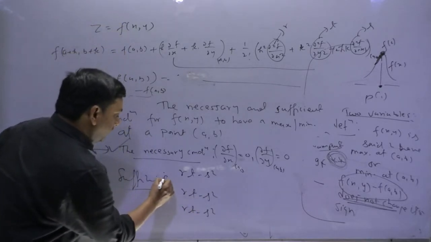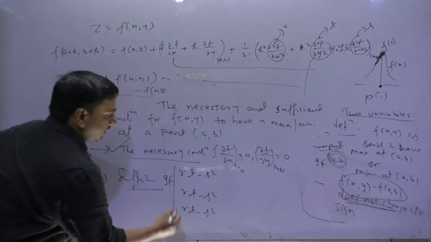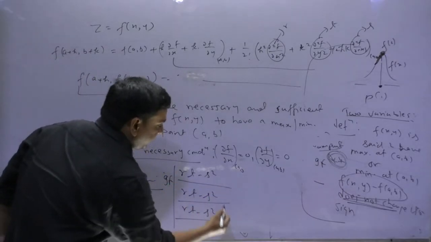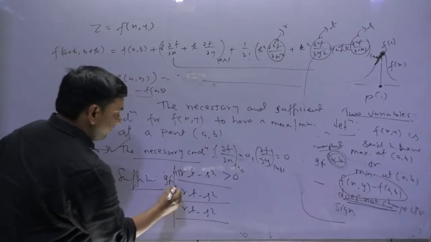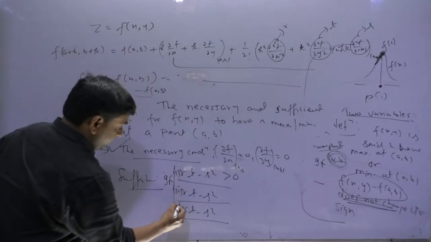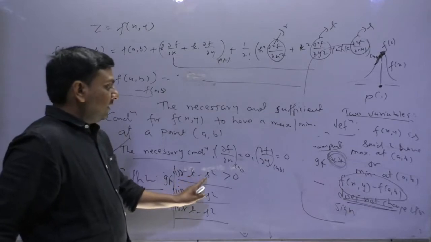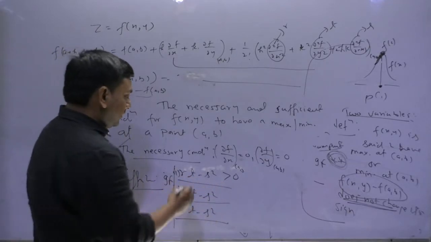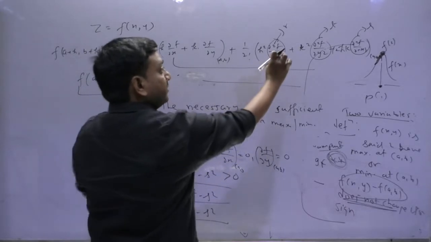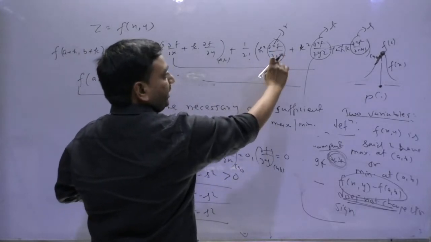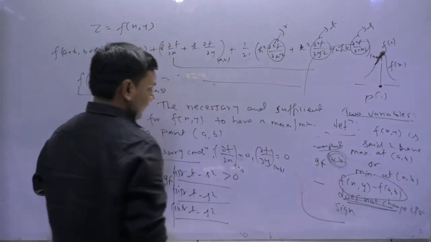So you need to remember that if rt minus s square greater than 0, first case, please do focus here. This rt minus s square is not a general value, it is the value of the second order derivatives at that point.